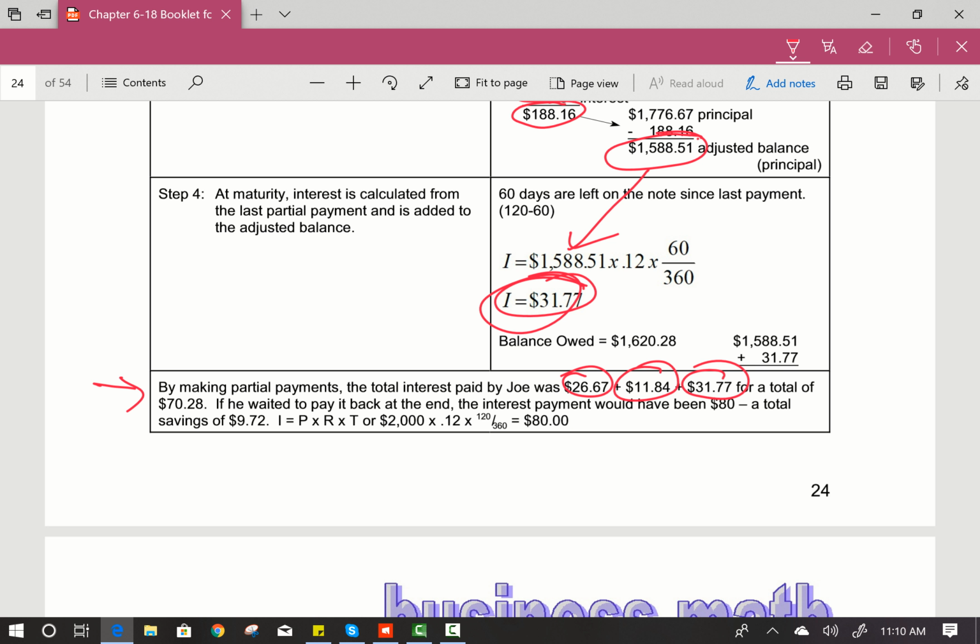So I paid interest for those partial payments of $26.67, $11.84, and $31.77. That's a total of $70.28 in interest.